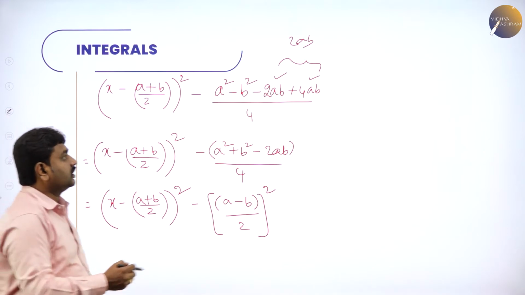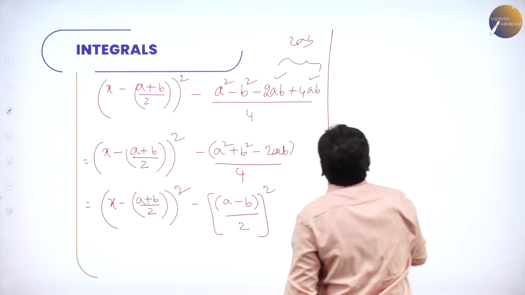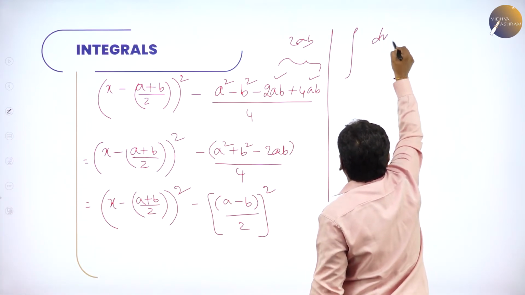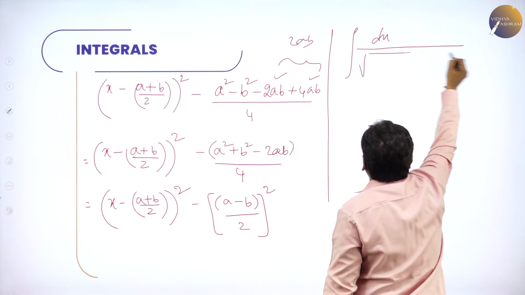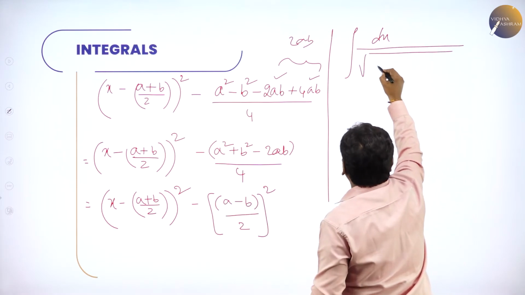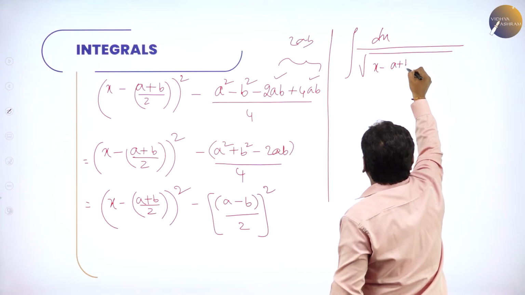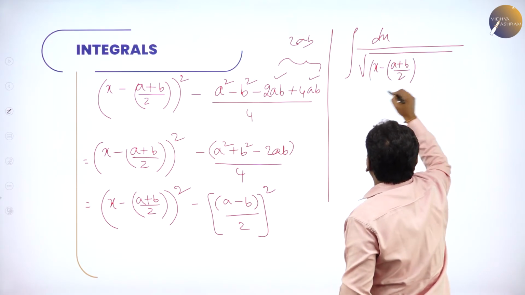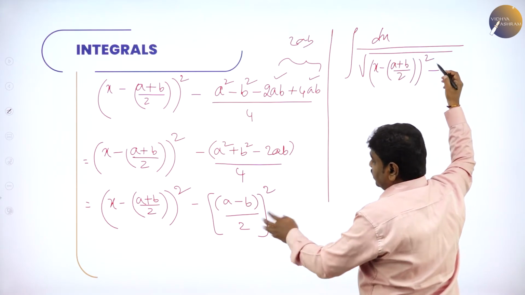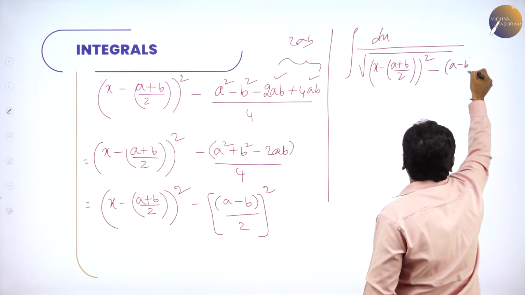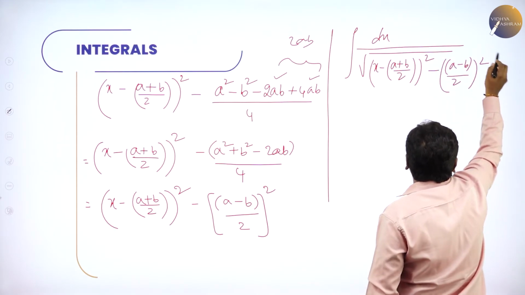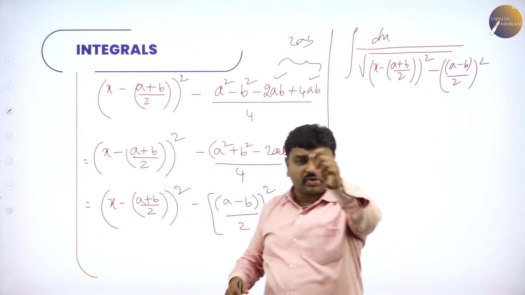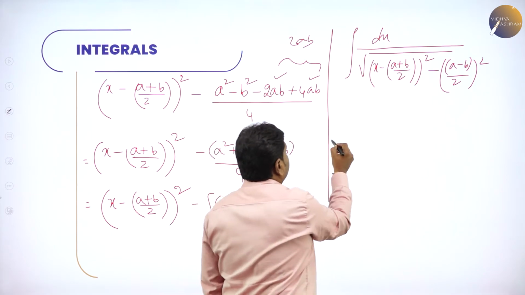Now you can integrate. So now the given problem can be written as integration of dx divided by root of x minus a into x minus b. In place of that, you can write x minus a plus b by 2 the whole square minus a minus b by 2 the whole square. So now it is in the form root of x square minus a square. What is the integration of root of x square minus a square?